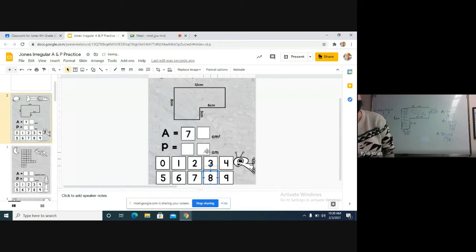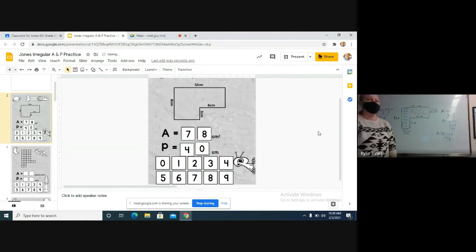So we just kind of slide these up to the 7 and the 8. They're not going to fit perfectly, but that's fine. And then perimeter, we got 40. 4 and 0. Remember, you can use numbers twice. So just drag and drop the same number. Once you fill out that answer, you're done with that slide. And we'll move on to the next one.